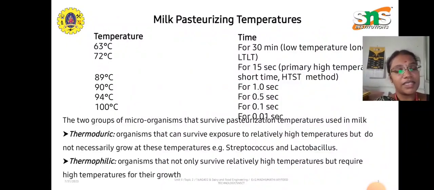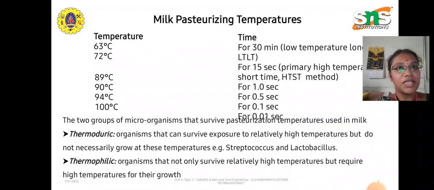As I already told, what are the milk pasteurizing temperatures? There are various time temperature combinations at which milk is pasteurized, aimed at the groups of microorganisms that survive pasteurization temperatures in milk.